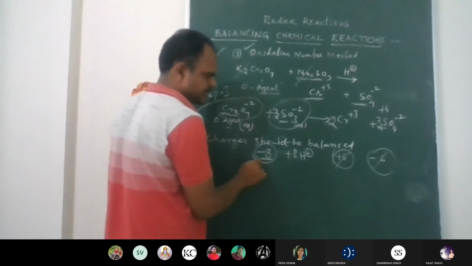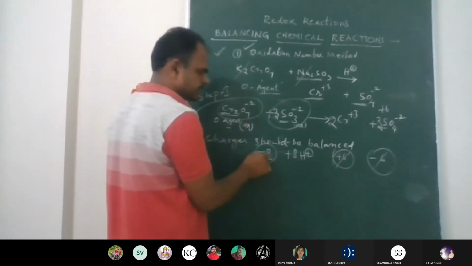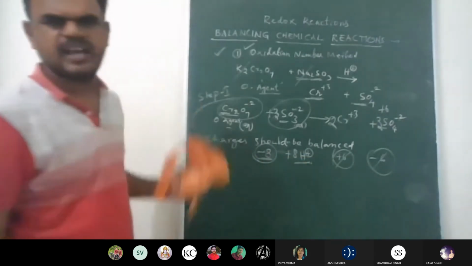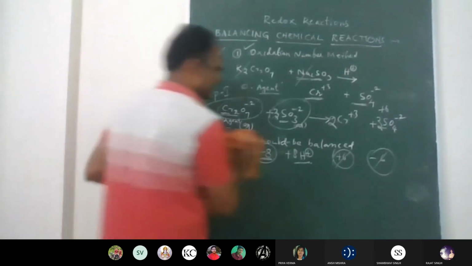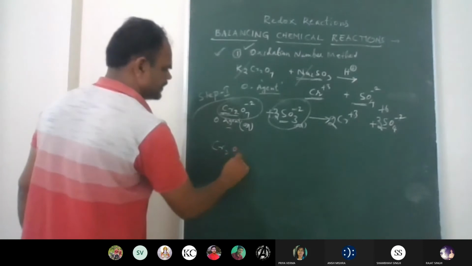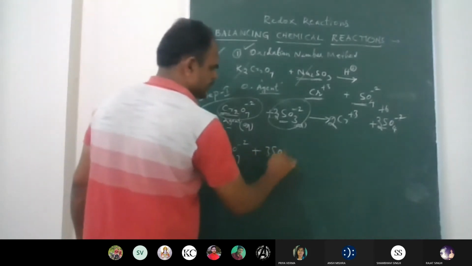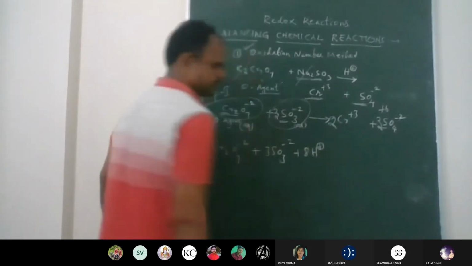So in order to balance this -8 charge, I am bringing the positive charge. So here I will write Cr2O7 2- plus 3SO3 2- plus 8H plus ions.